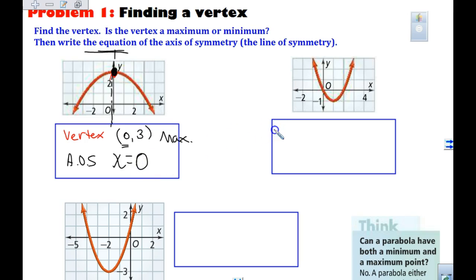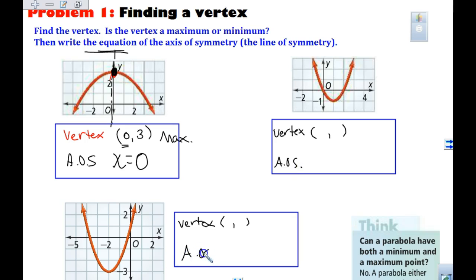So for the next two, I want you to tell me the vertex, and I want you to tell me minimum or maximum. Don't worry about the axis of symmetry. Tell me that point and if it was minimum or maximum, then we are going to look at that axis of symmetry in just a minute, okay?